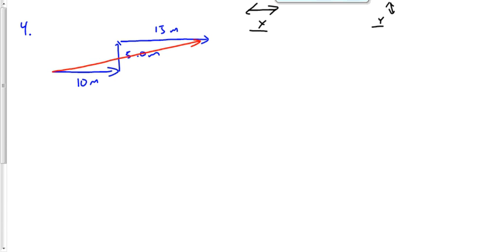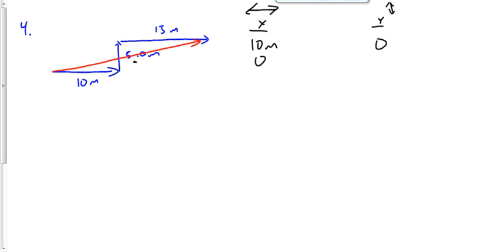How much of that 10 meters, Emma, how much of that 10 meters is on the x-axis? 10 meters, good. How much of that 10 meters, Shay, is on the y-axis? 0, good. Liam, how much of that 5 meters is on the x-axis? How much of that 5 is on this horizontal axis? 0, good. How much of that 5 meters, Kelly, is on the y-axis?